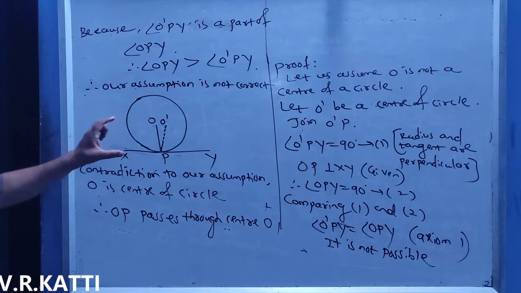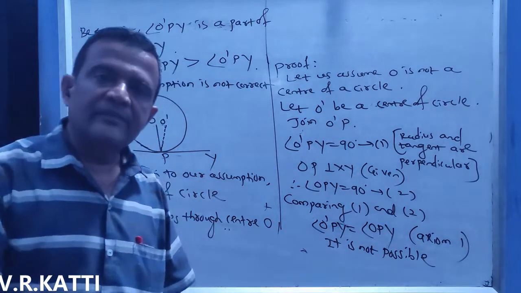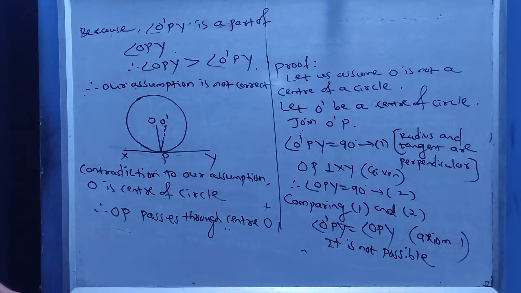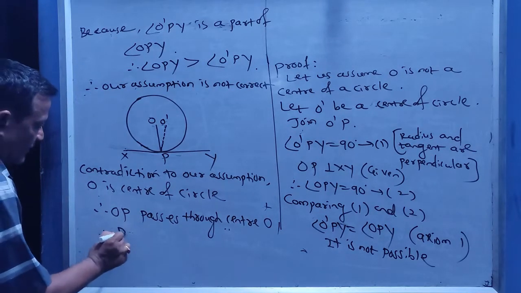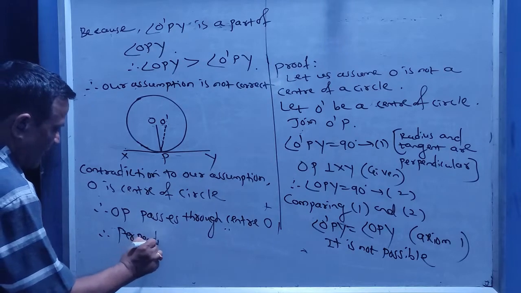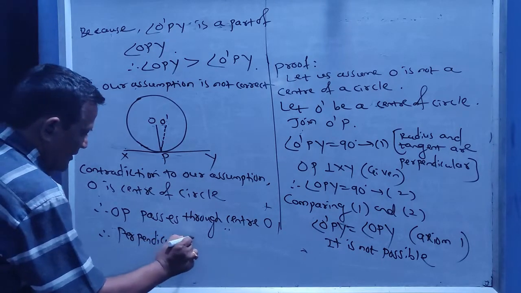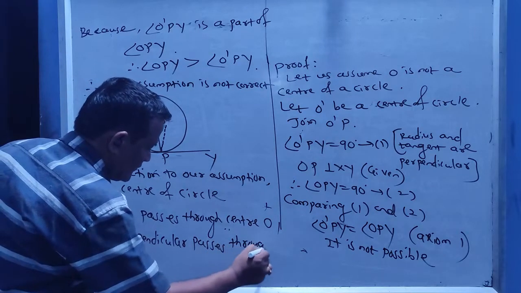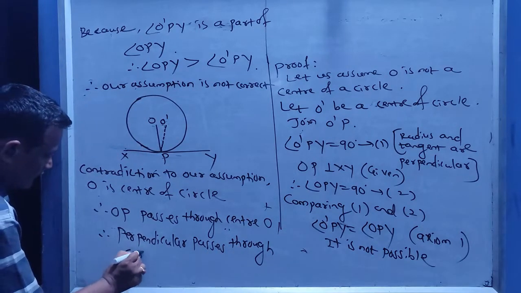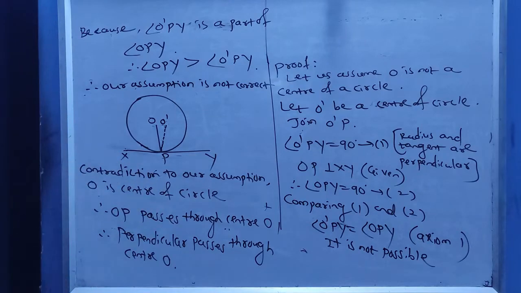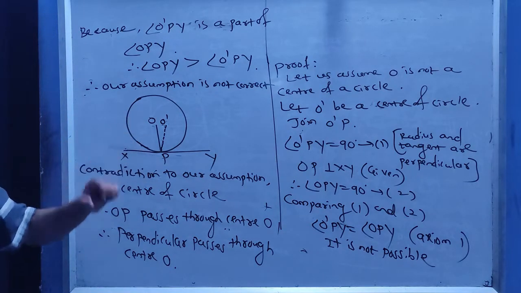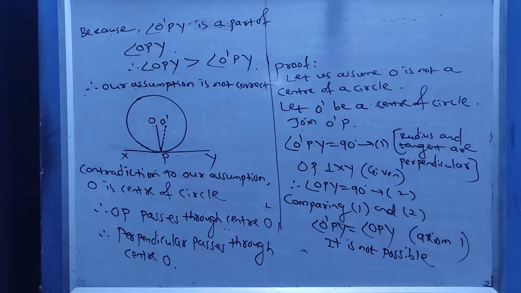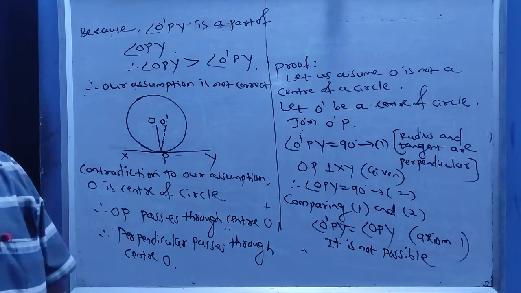We have to prove that the perpendicular passes through center O. Therefore, the perpendicular passes through center O. So this is the proof.